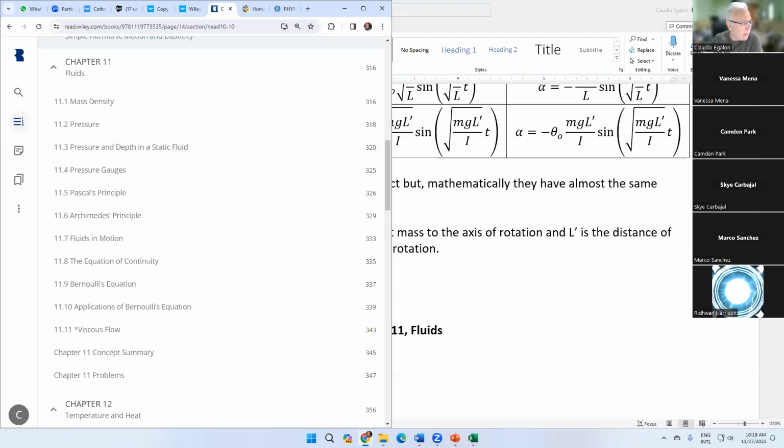And then we are going to skip to the Archimedes principle. Okay. Everything else, we won't have time to cover. But if you want to know by yourself, you can read it on your own.